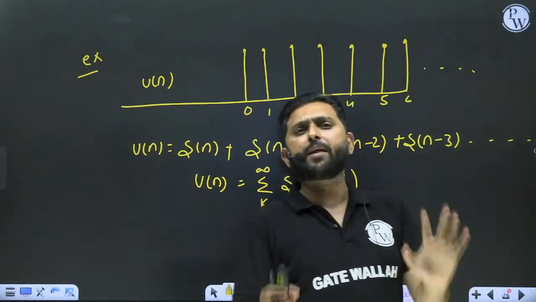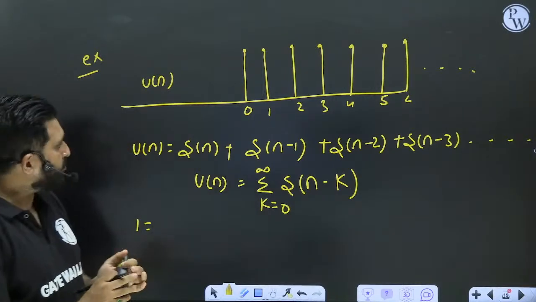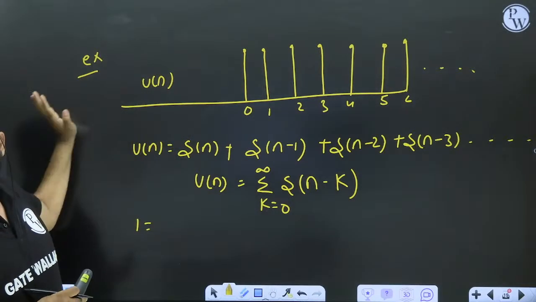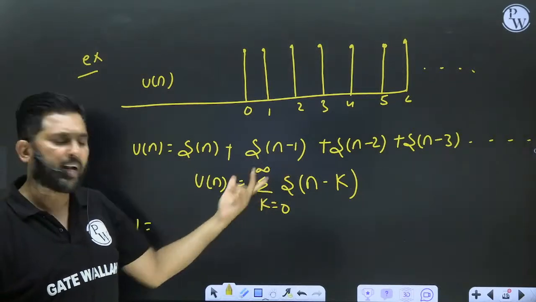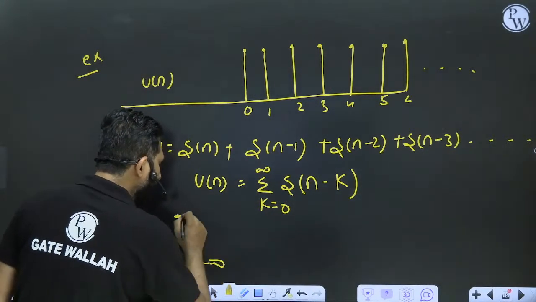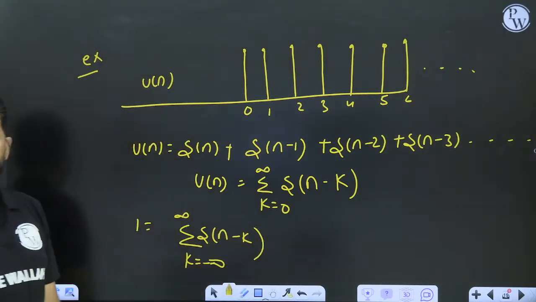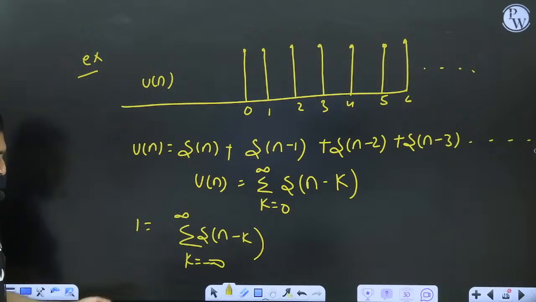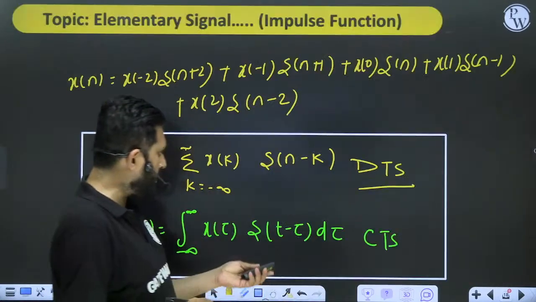Similarly, any function can be represented. Had it been 1, 1 can be what? 1 means everywhere 1, from minus infinity to plus infinity. The limit would be from minus infinity to plus infinity. That's it. 1 would be summation k equal to minus infinity to infinity delta n minus k. Now compare this equation with this equation.